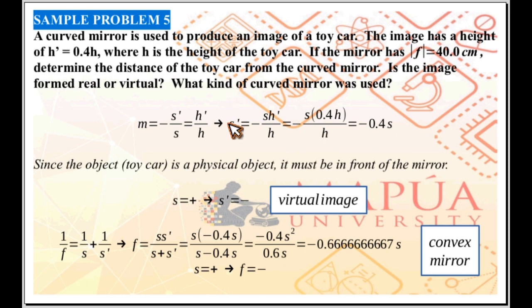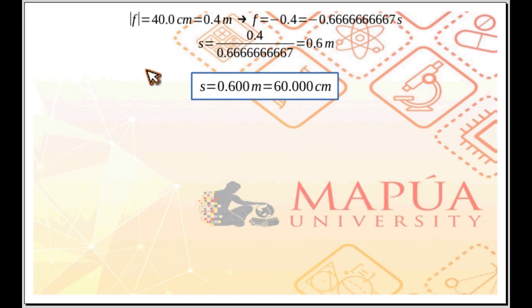All that's left is determining the distance of the toy car from the curved mirror. Determining the object distance. Absolute value of F according to the problem is just equal to 40.0 centimeters or 0.4 meters.